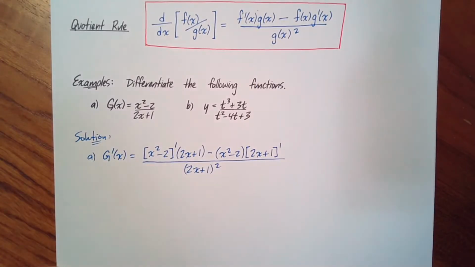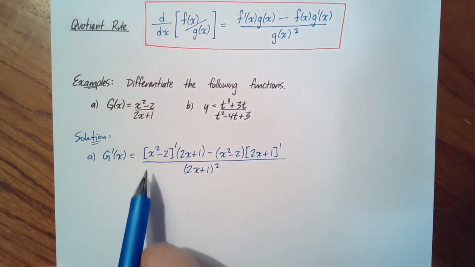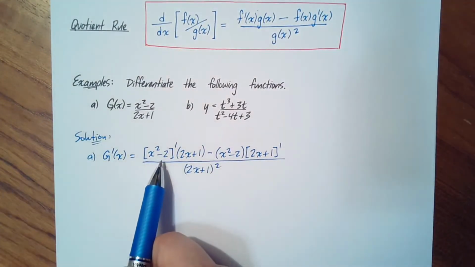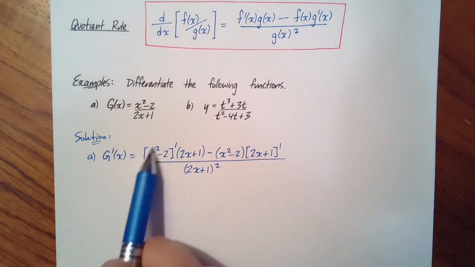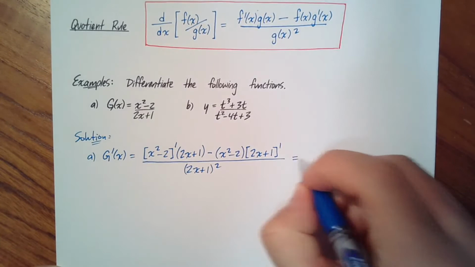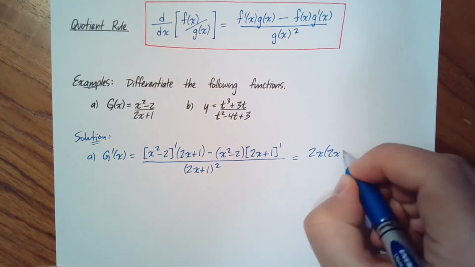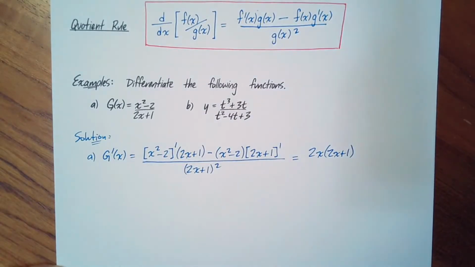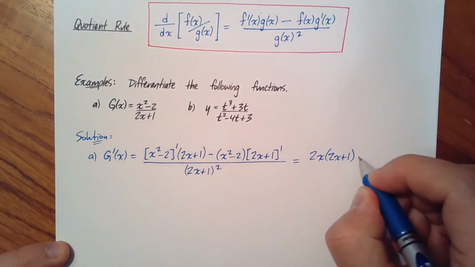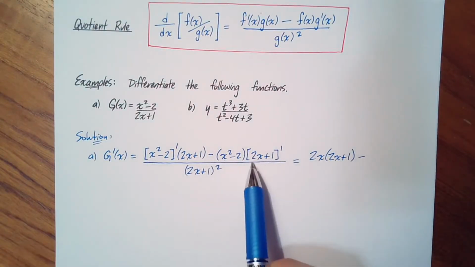Okay, so what do we get? The derivative of x squared minus 2: the derivative of 2 is 0, so it's really just x squared. You use the power rule on that, and you're going to get 2x. So we're going to have 2x times 2x plus 1. And then what will we have over here? We'll have minus x squared minus 2 multiplied by the derivative of 2x plus 1.